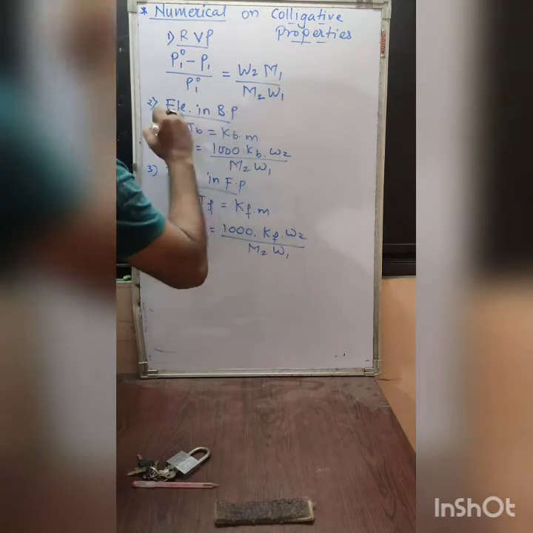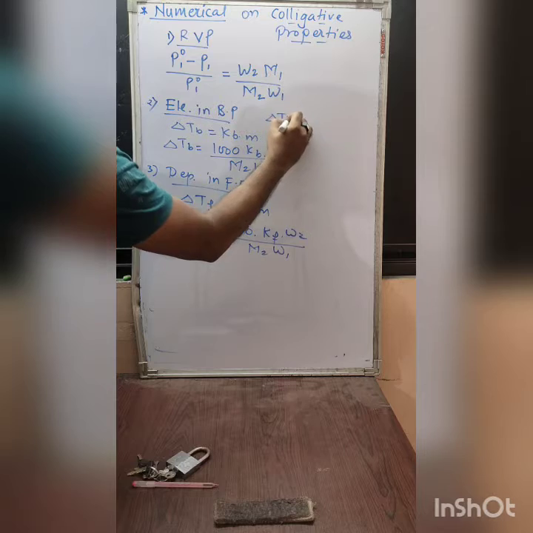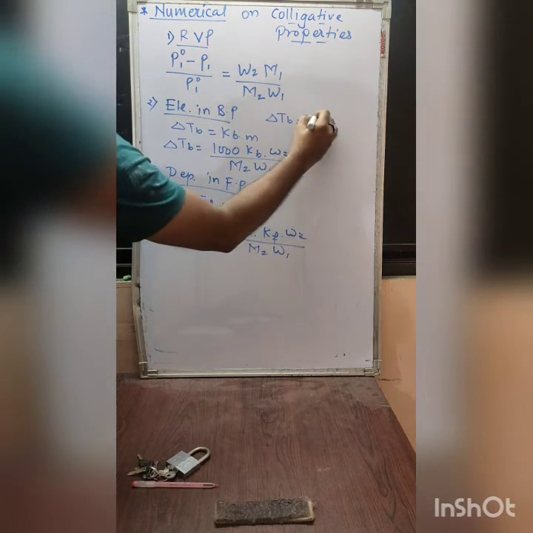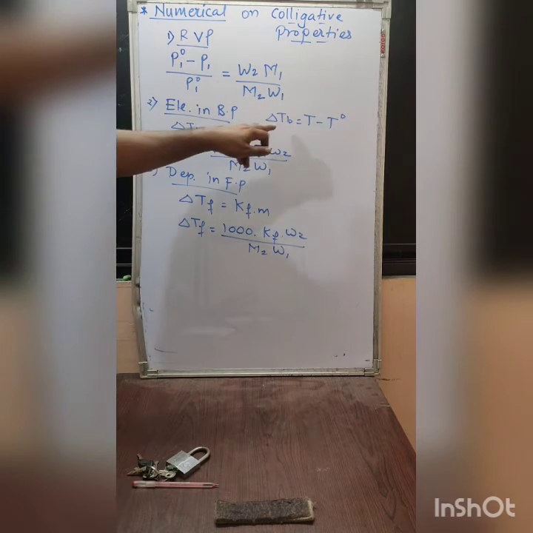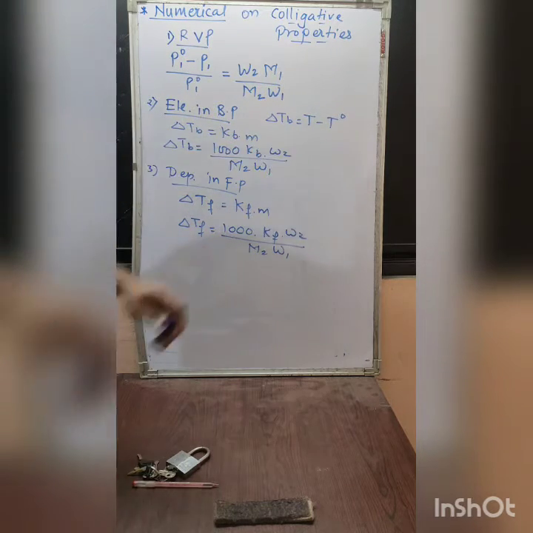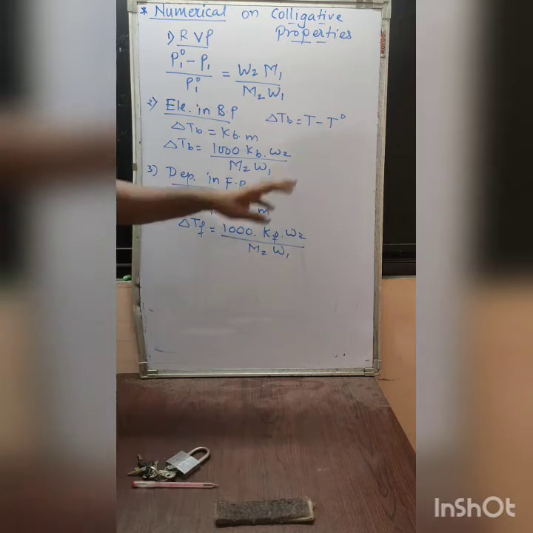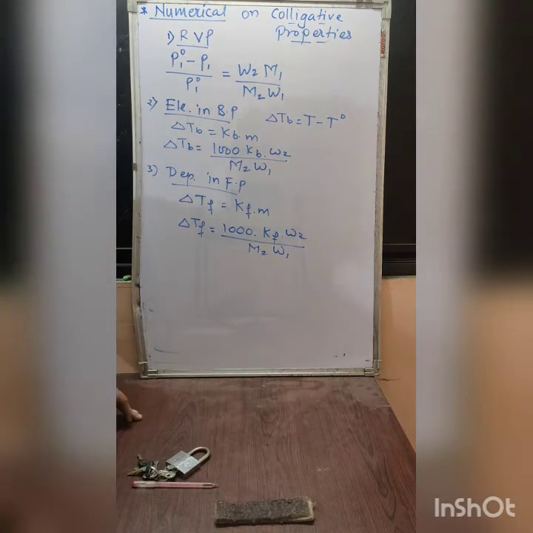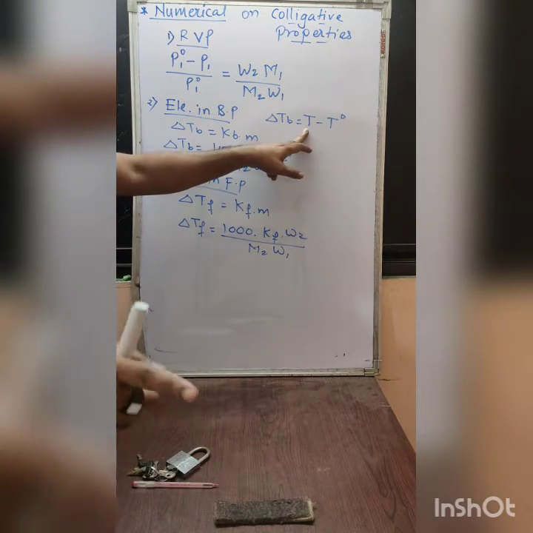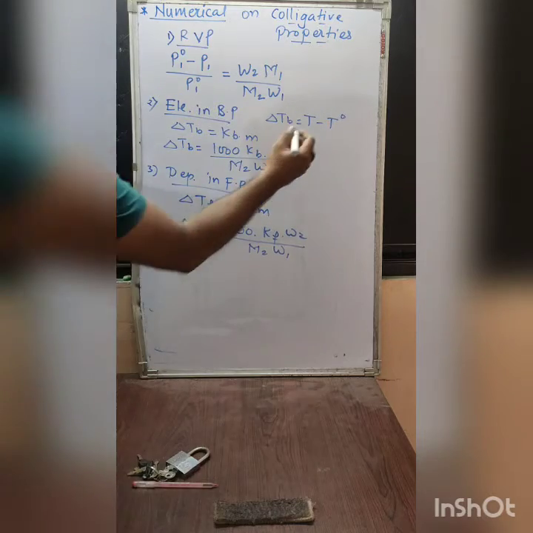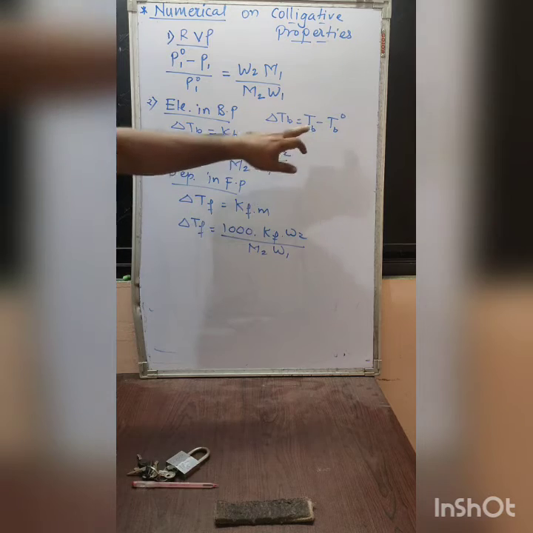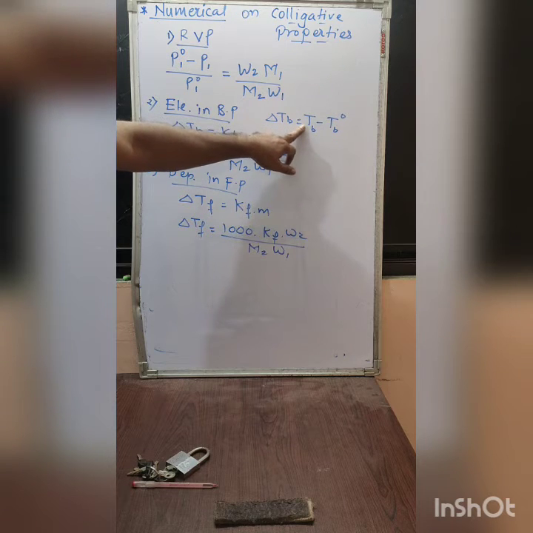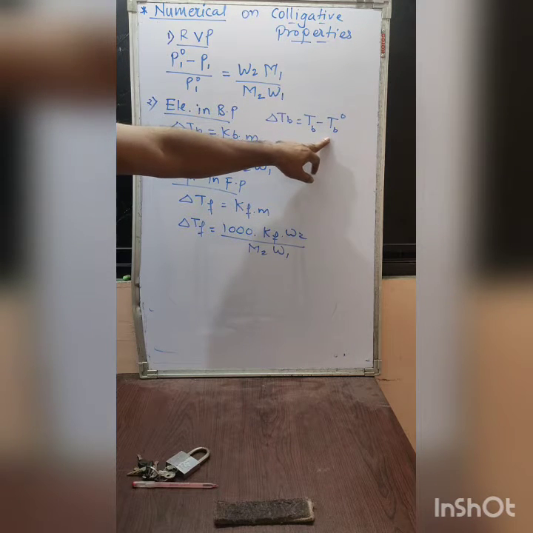One more formula, delta TB is equal to T minus TB⁰. This is the difference between the boiling point of the solution and the solvent, where T is the boiling point of the solution and TB⁰ is the boiling point of the solvent.